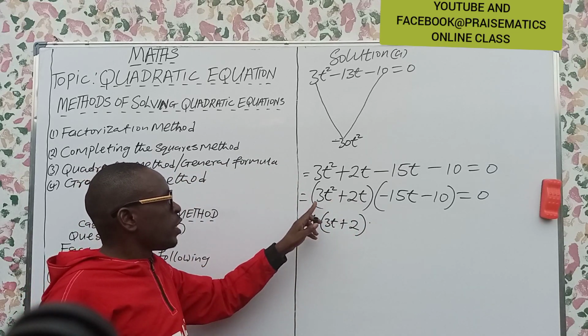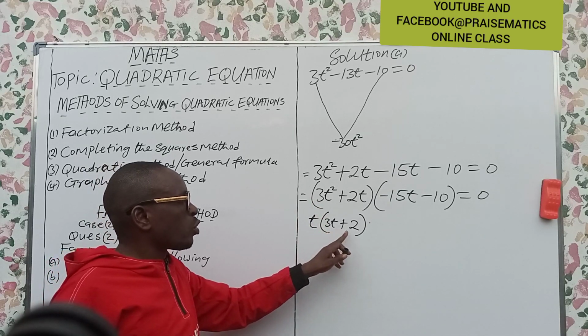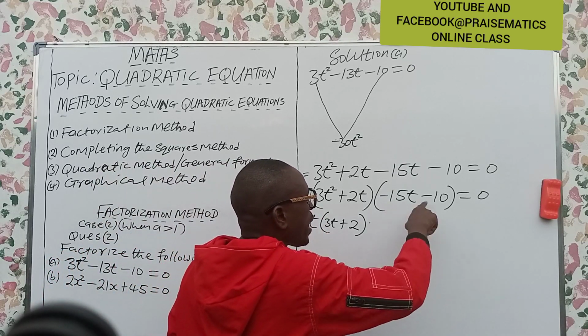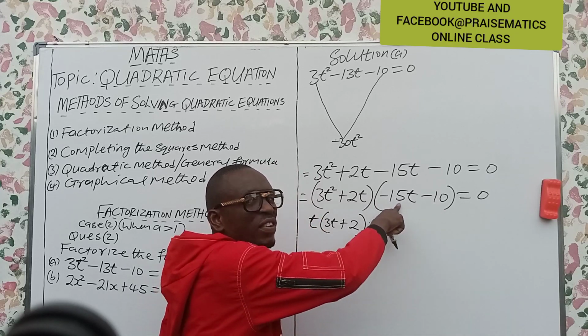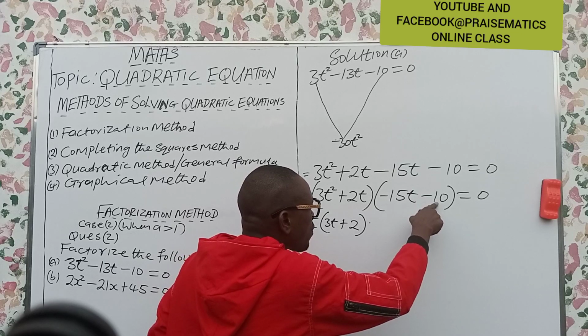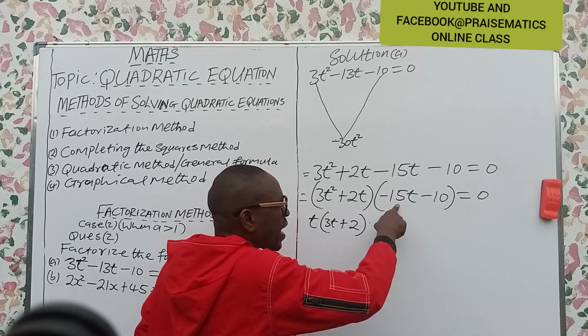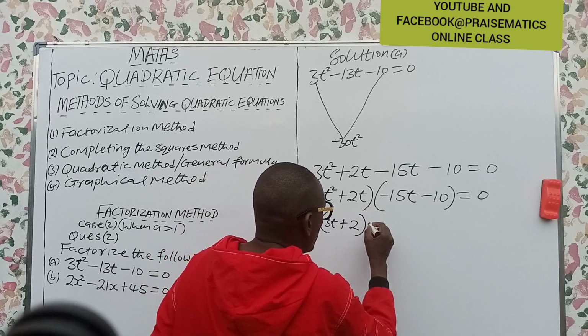We have t into 3t plus 2. Now there's something they have in common here. There's 5 inside 15, and there's another 5 inside 10. So we pick 5 out here.